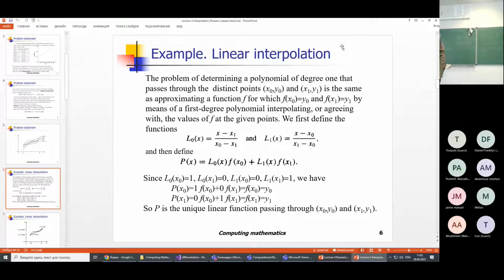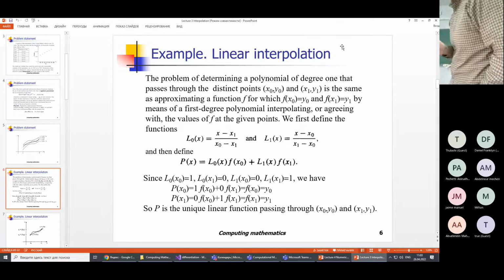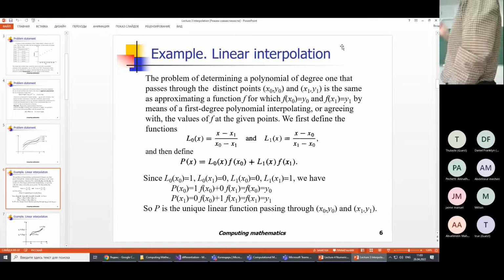What is the first derivative of L0? The formula for the auxiliary polynomial L0 is written here on this slide. What is the first derivative of L0? x0 and x1 are constants. The variable is x.